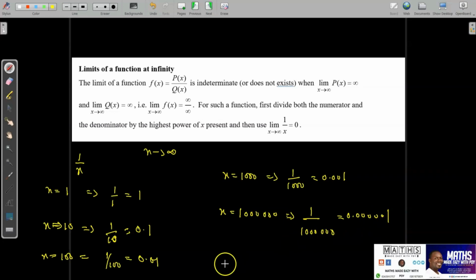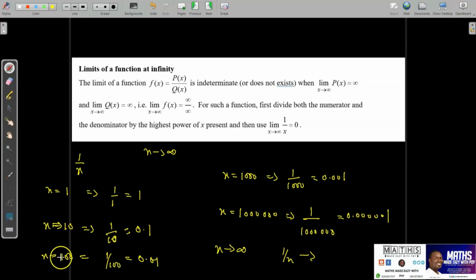Okay, so ideally, watch. As x is approaching a larger value, meaning infinity, what then is the function 1 over x approaching? Now, from the beginning, when x was 1, the answer was 1. When x was 10, the function 1 over 10 became 0.1.